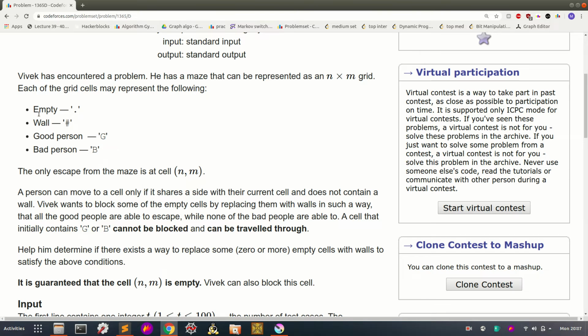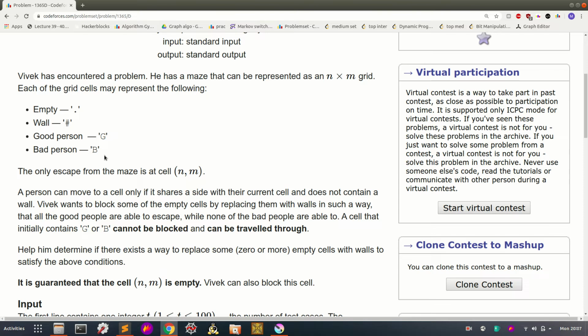A dot means that the cell is empty, a hash means that there's a wall, a G means that the cell represents a good person, and B means that it's a bad person. Our aim is to get all the good persons out of the maze, and all the bad persons should remain in the maze.